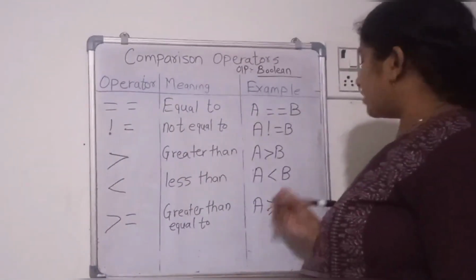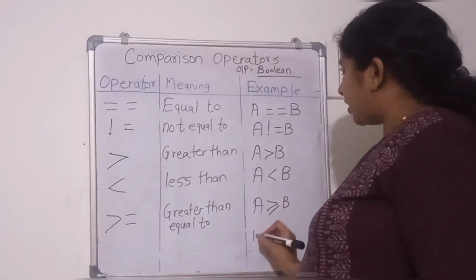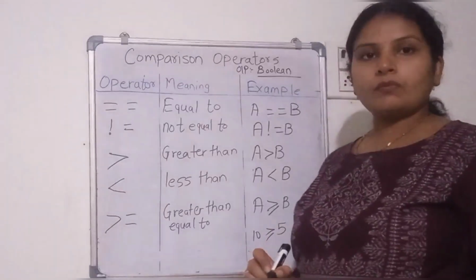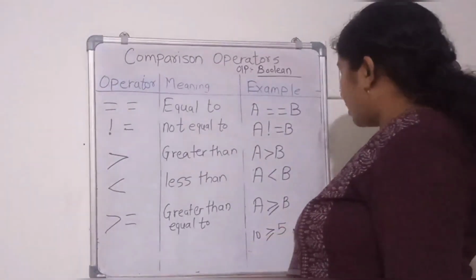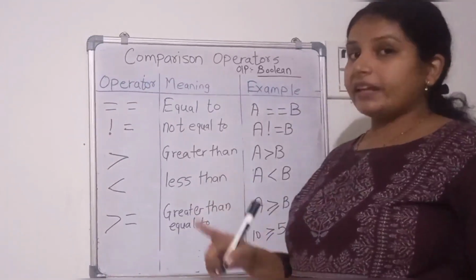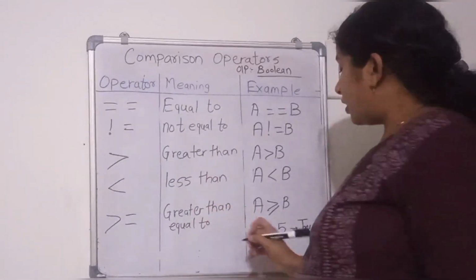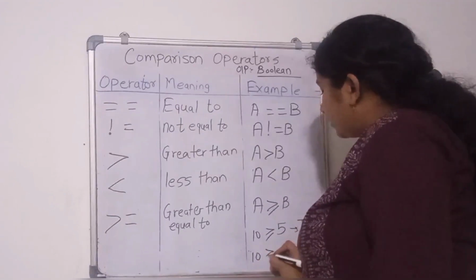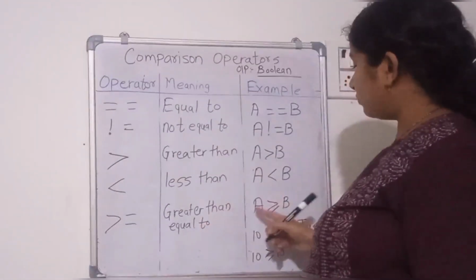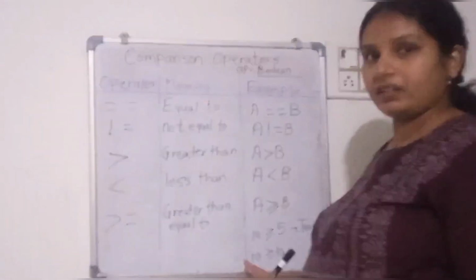Okay, and suppose A value is 10 and B value is 5. So our output will be true because yes, 10 is greater than 5. But if we are checking 10 against 10, both variables have the same value, 10 and 10.